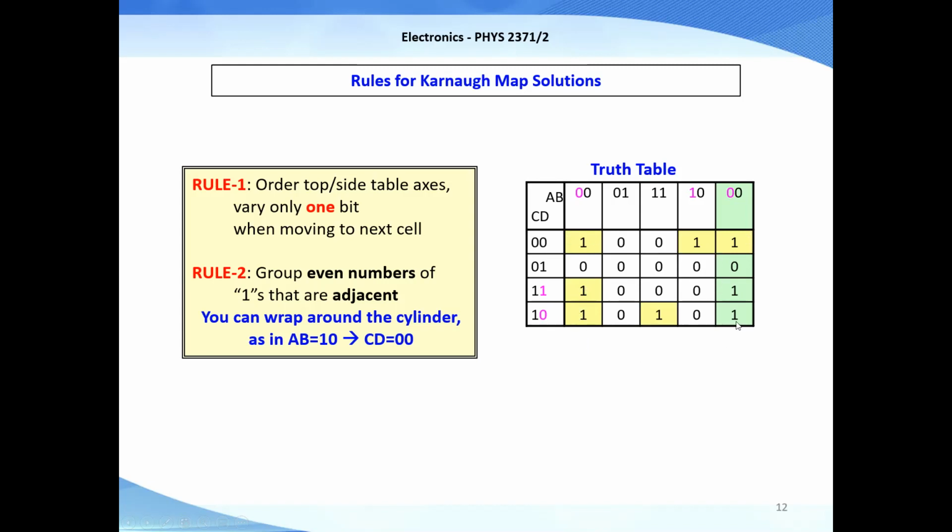So this column basically is transported over to this column. Originally I had a mini term here and a mini term here, and it didn't look like they were adjacent until I took this column and put it over here. I wrapped it around. Now I have 2 adjacent mini terms. So now you can see that A can be either 1 or 0. So A is going to drop out for these two. B has to be B bar, and C has to be C bar, and D has to be D bar.